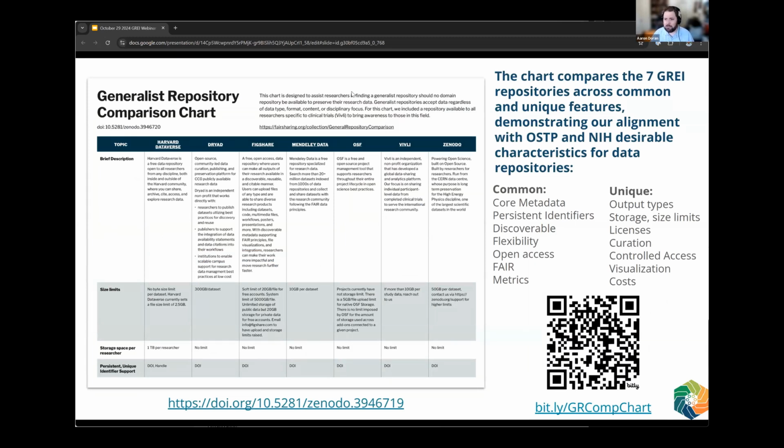Do I go with Figshare? Which one should I use? You have a way to help in that decision making process with this comparison chart. But again, as part of being GREI, as part of this ecosystem, we all have common features: that core metadata, those persistent identifiers, the discoverability, FAIR data sharing, on and on.